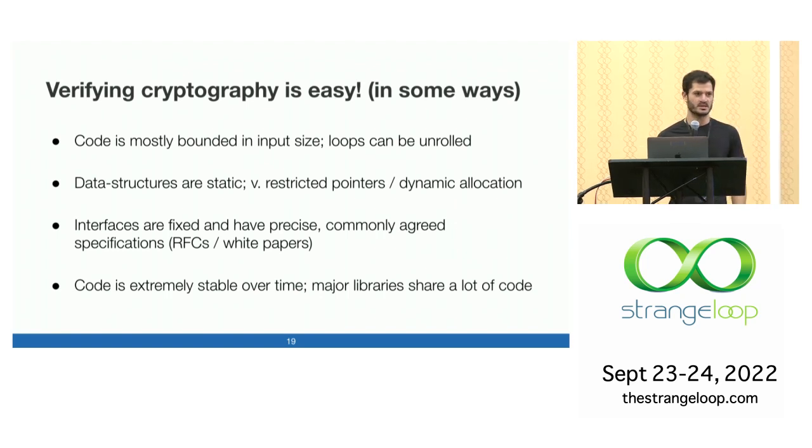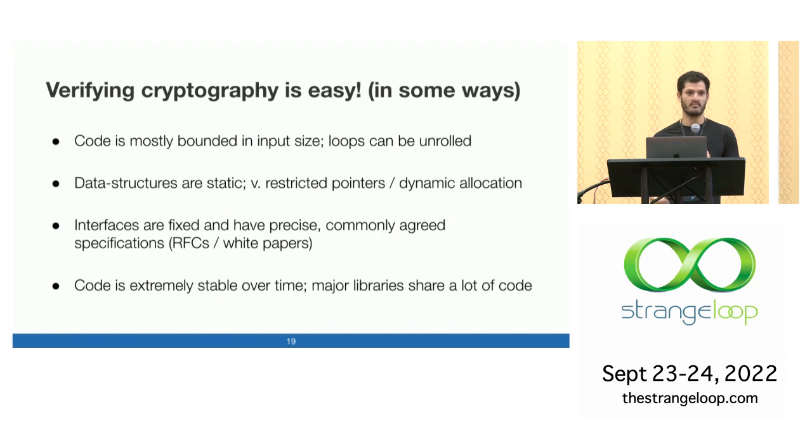Static data structures make life easier again, especially in a language like C, where memory is really hard to deal with. Dealing with linked lists, dealing with whatever sort of map implementations people invent in C is a lot of work. When we're in the world of cryptography, we're mostly dealing with straight arrays of data, which are quite a bit easier to reason about.